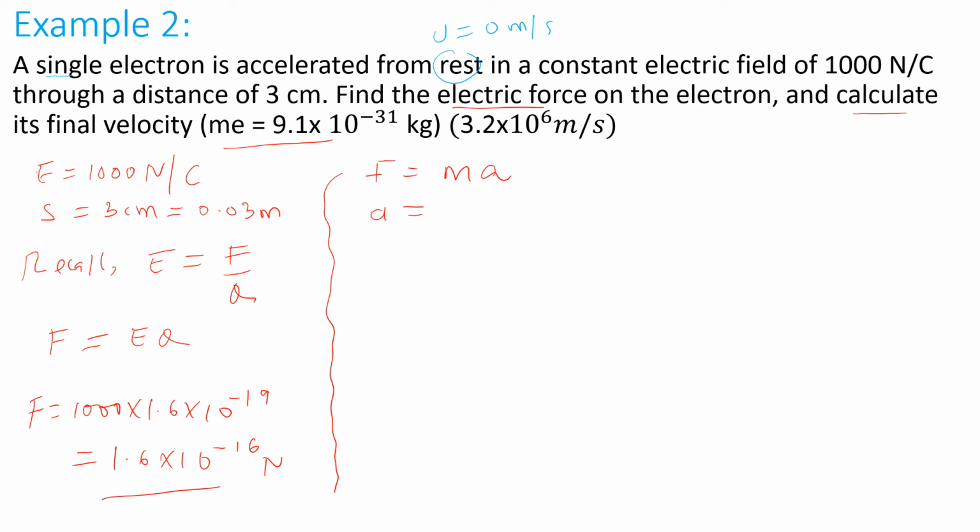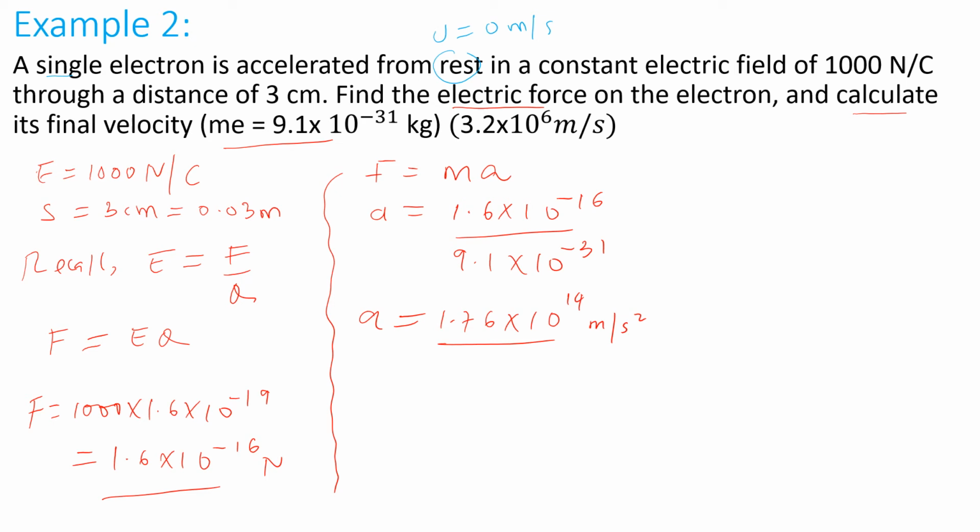Therefore, acceleration caused by that force is going to be 1.6 times 10 to the power negative 16 divided by the mass of an electron, given as a constant 9.1 times 10 to the power negative 31. If you feed that in your calculator, you're going to get 1.76 times 10 to the power 14 meters per second squared. Quite a very big acceleration.